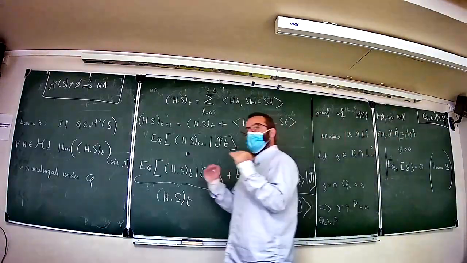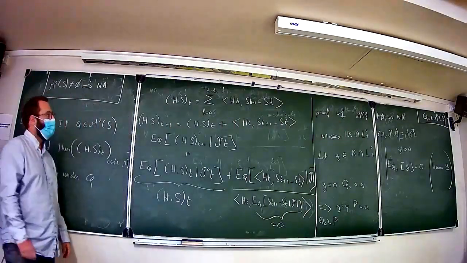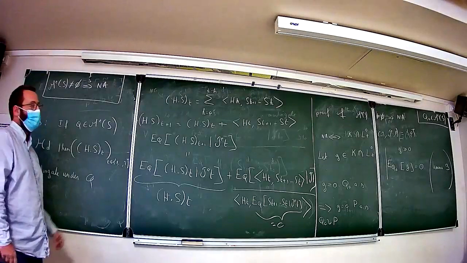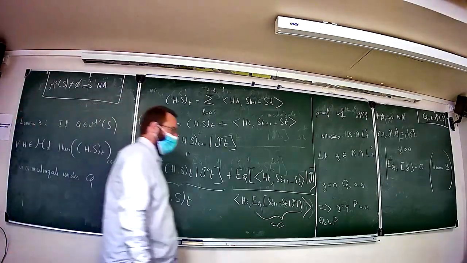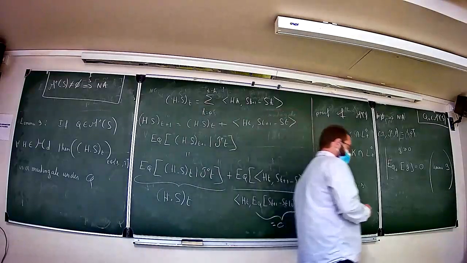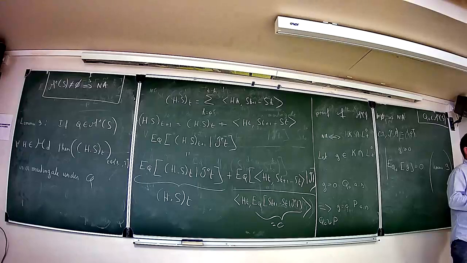The second step of the course will be to see what to add to the NA hypothesis to make the set of the equivalent martingale measures a singleton, a single one. Okay?